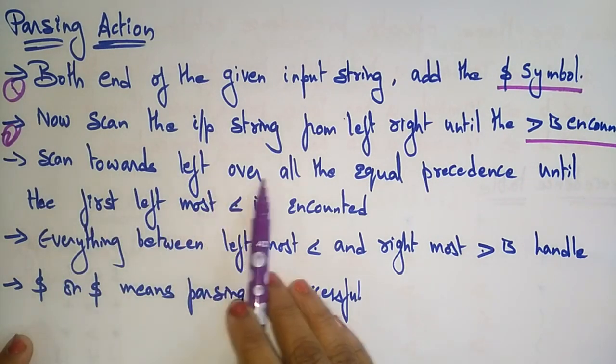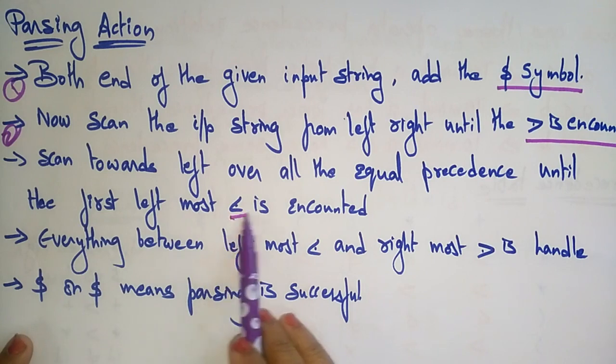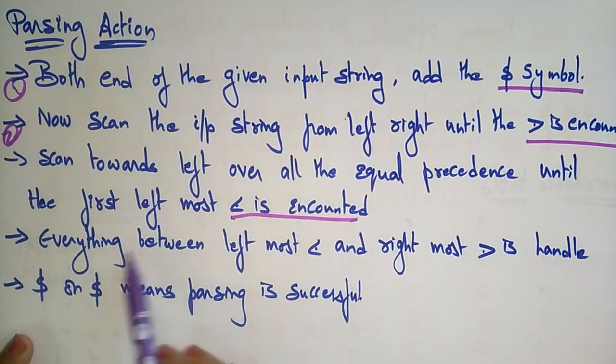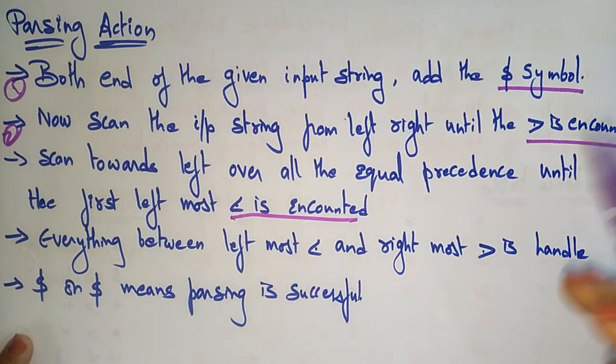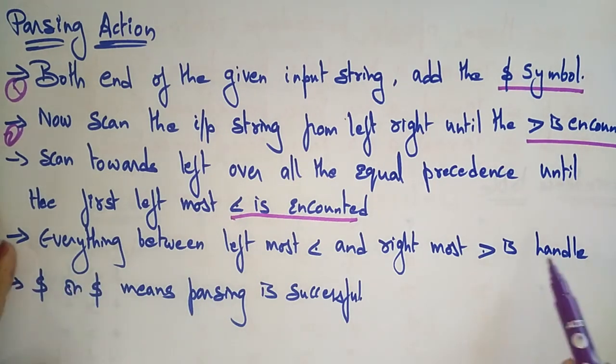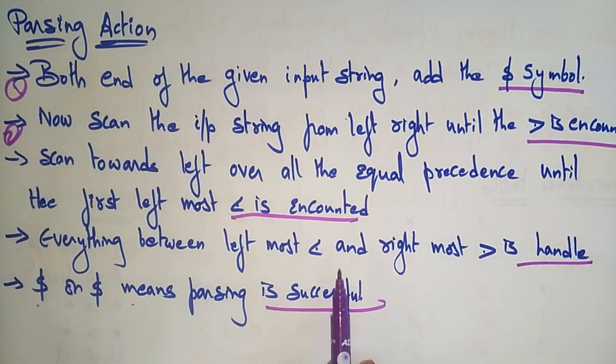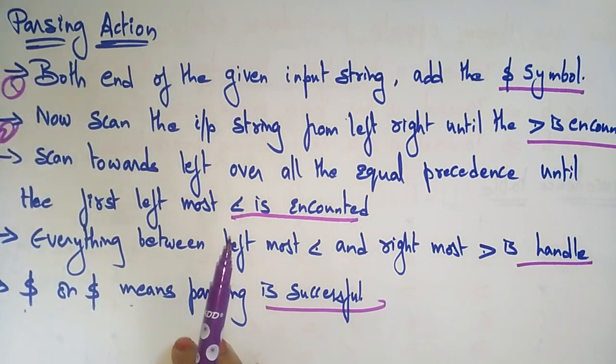Scan towards the left over all equal precedences until the first less-than is encountered. Everything between the leftmost less-than and the rightmost greater-than is handled. Dollar and dollar means parsing is successful. These are the rules you have to remember while parsing, and now the parsing table.